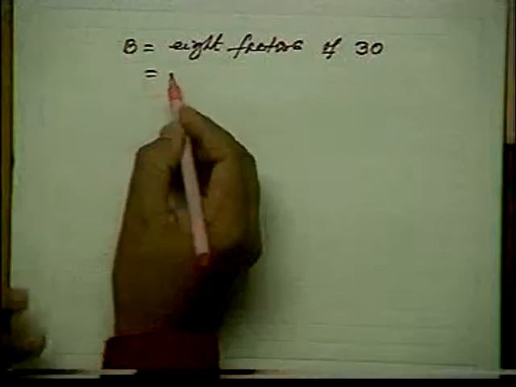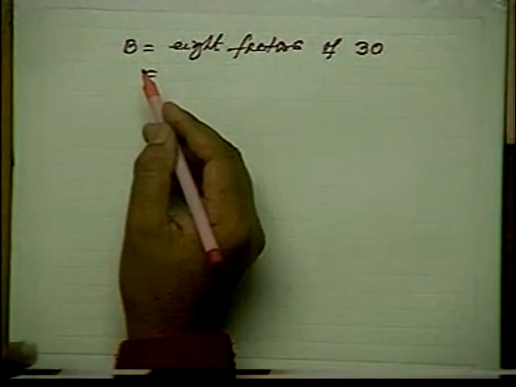I am now trying to give an example in which I am defining what my B is, what my plus is, what my dot is, and what my complementation is, and show that all the axioms turn out to be true, and all the theorems turn out to be true. What are the 8 factors of 30?